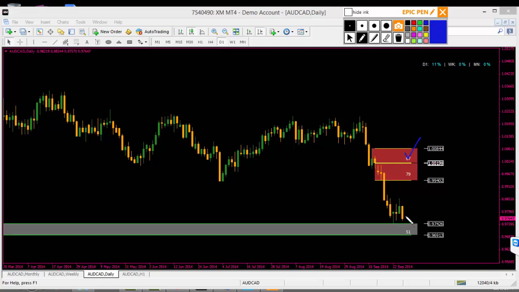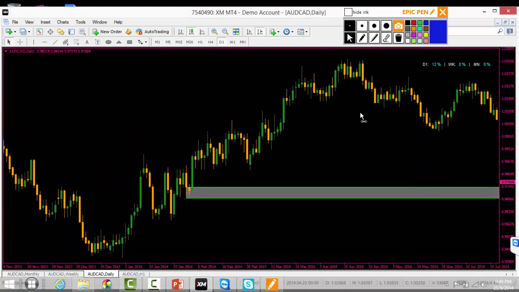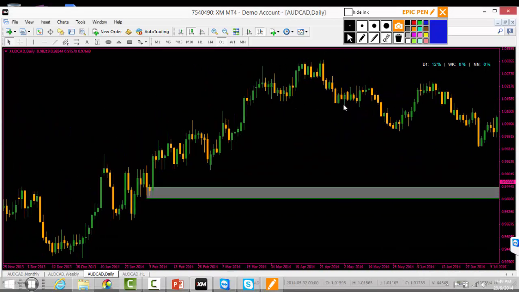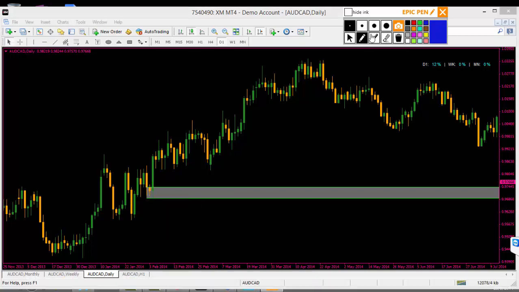Okay, then your demand, you put a horizontal line on this lowest candle and you look all the way to the left. You show me? Okay, there's a demand, yes. But this demand looks like it's a reaction to this demand.